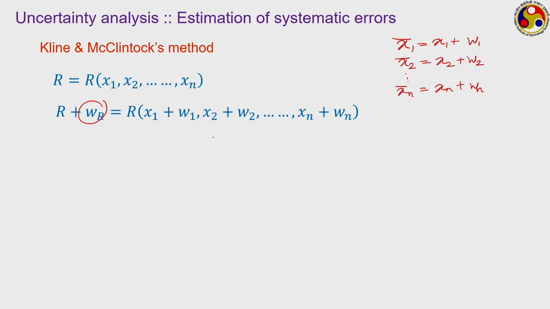That is, if we expand this R bar, which is R plus WR, following the Taylor series, what are we going to get? We are going to get R plus dou R dou x1 W1 plus dou R dou x2 W2 plus this till the nth term, plus the second order derivatives.